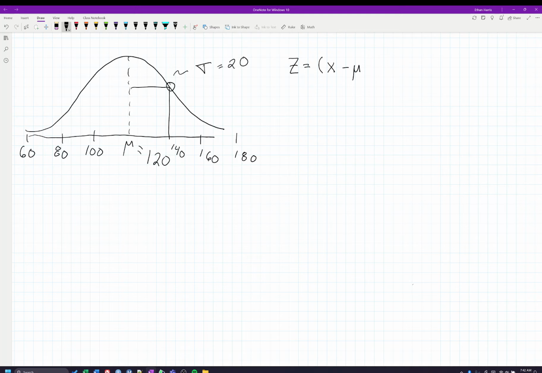And so we've played around with these things, and we've also started to deal with, remember, our empirical rules, where we know that plus or minus one standard deviation away from the mean captures 68% of the data, plus or minus two standard deviations was a total of 95% of the data, and then plus or minus three standard deviations has 99.7% of our data.